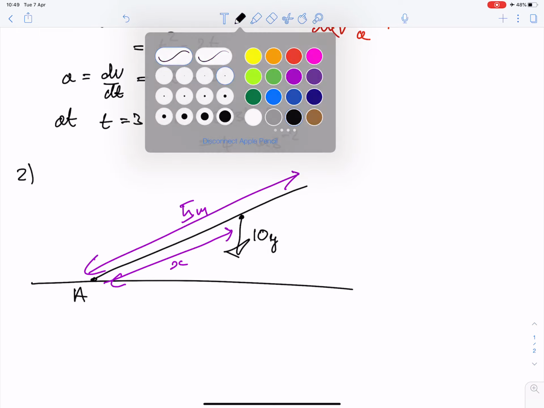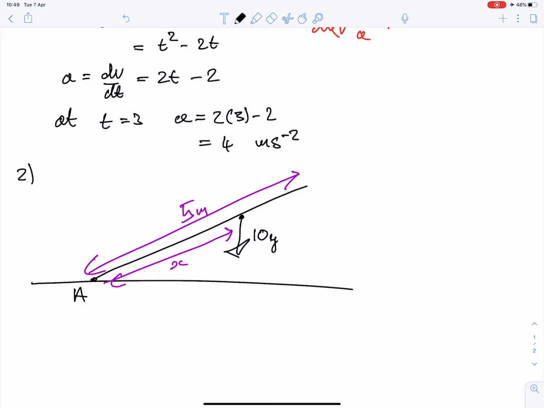We've also got a force acting at the other end of the rod. Call it 80 newtons at an angle of 60 degrees to the rod. And the question is, find x.